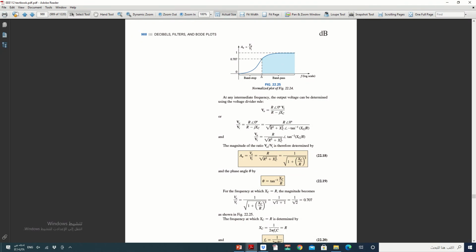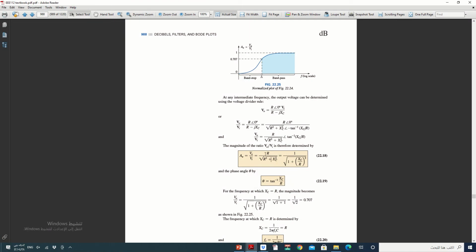And we know that the magnitude of the numerator is root R square plus XC square, and the angle is minus tan inverse XC over R. To normalize, we divide V output over V input, because we need to normalize this equation. The formula for the normalized result is R over root R square plus XC square.